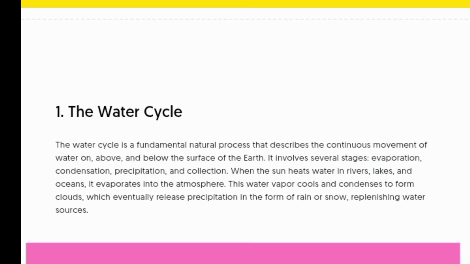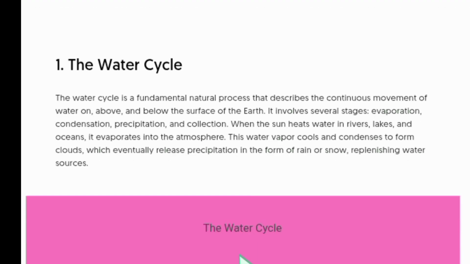When the sun heats water in rivers, lakes, and oceans, it evaporates into the atmosphere. This water vapor cools and condenses to form clouds, which eventually release precipitation in the form of rain and snow, replenishing water sources.